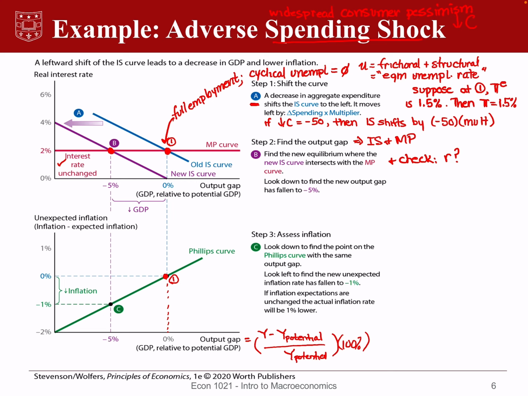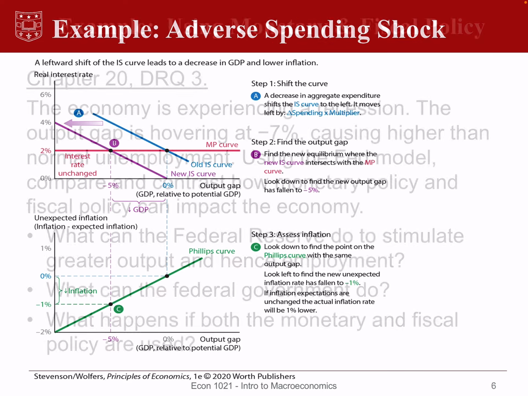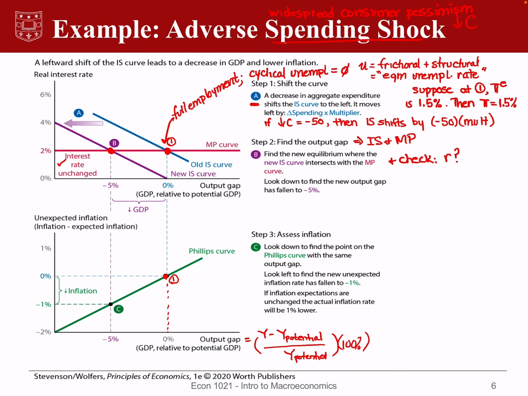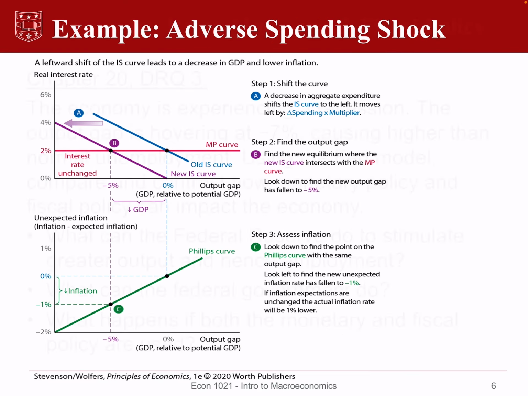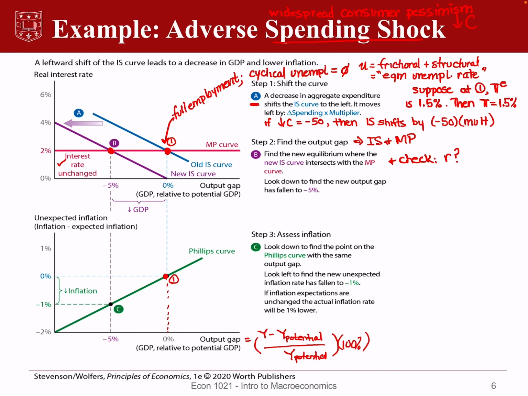And then step three, we're going to assess the rate of inflation. So what we can see is that this is an example of demand pull inflation. Let's see if I can write around the edges here.